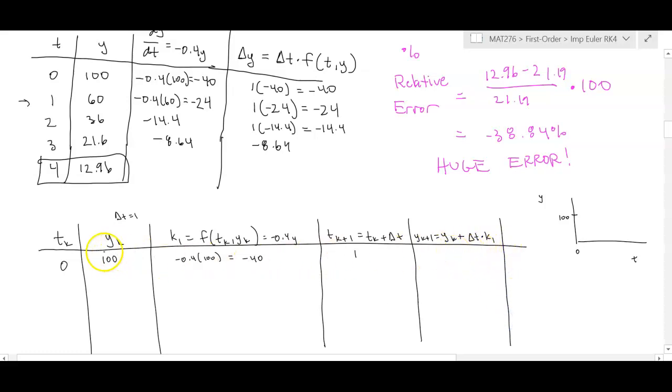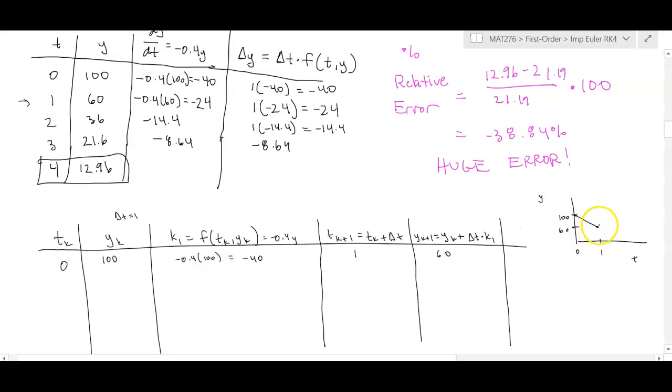So if I took our current value of y, which is 100, and added the rate of change to it, negative 40, because our step size is 1, so it's 1 times negative 40, we would be at y equals 60. Awesome. So that means that over here at time 1, we are now at a y value of 60. Euler's method would use that as our next point on the solution curve.